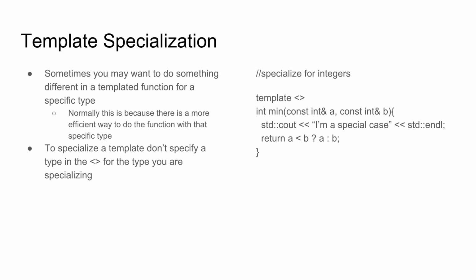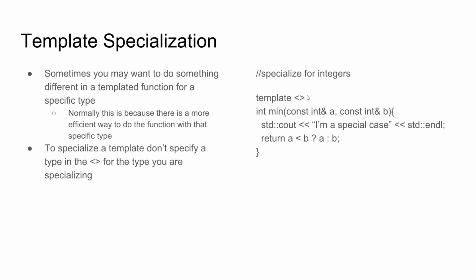Sometimes when we're writing our templated code, there might be a particular type where you either want to do something different for that explicit type, or we could solve the problem in an easier way for that type, because it's somehow special. It's a little bit different than just a generic type. If you want to do this, when you declare your template, you say template and then triangular brackets, right?